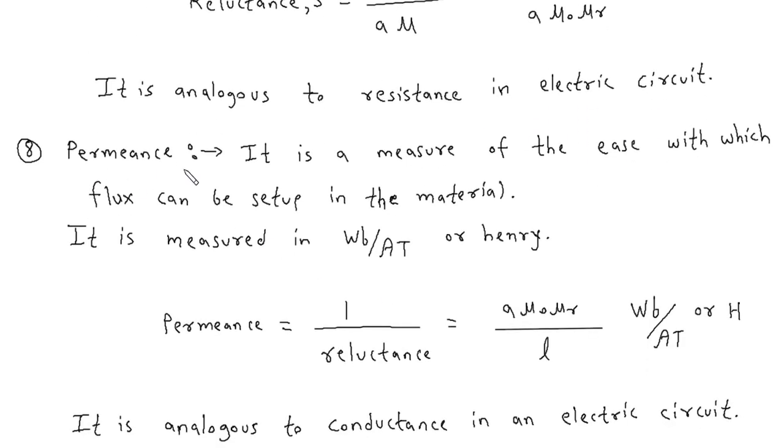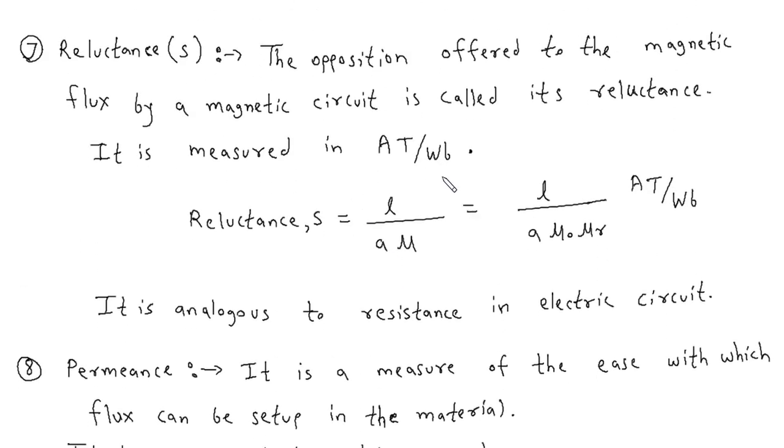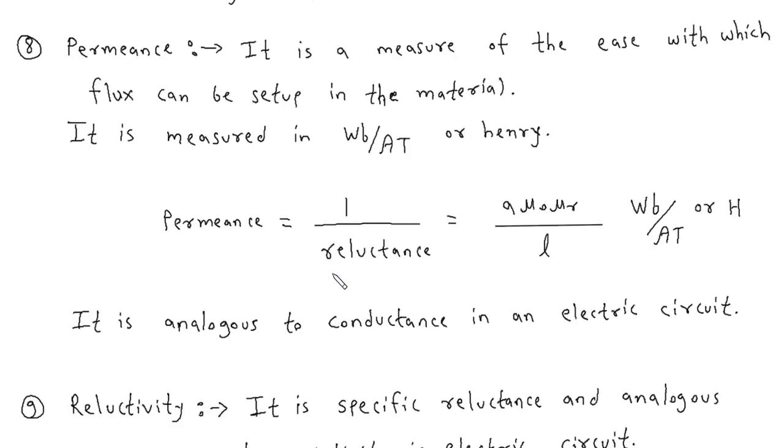Next is permeance. Permeance, it is a measure of the ease with which flux can be set up in the material. It is measured in Weber per ampere turn. Since reluctance is measured in ampere turn per Weber, it is the reciprocal of that, so Weber per ampere turn or Henry.